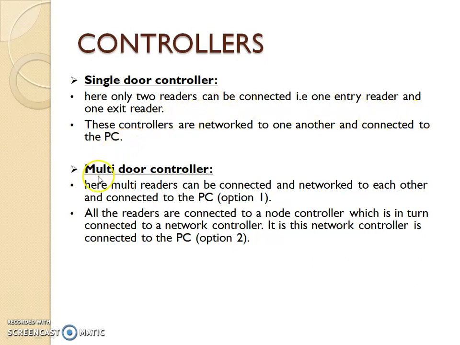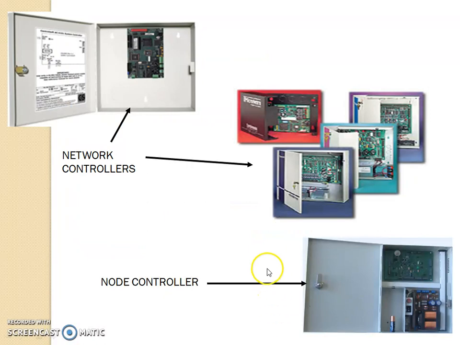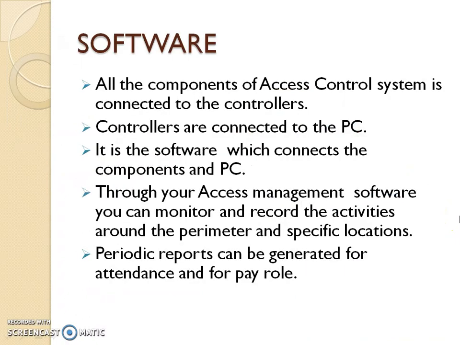Whereas with multi-door controllers, the controllers are fixed to a lot of devices and a lot of doors depending on the purpose of the installation or depending on the capacity of the device. If you see a door controller, it's going to be like this. These are door controllers.